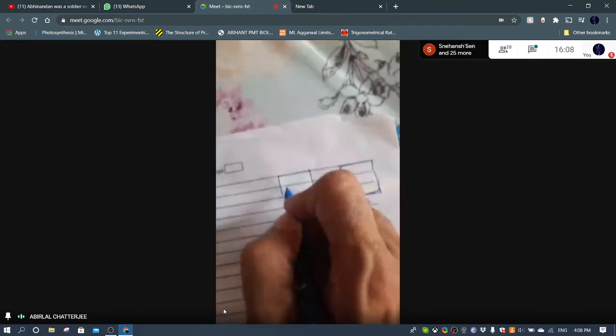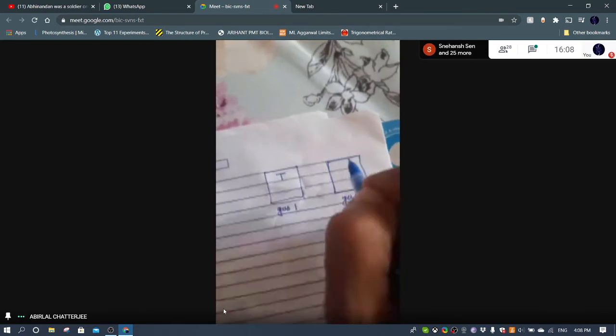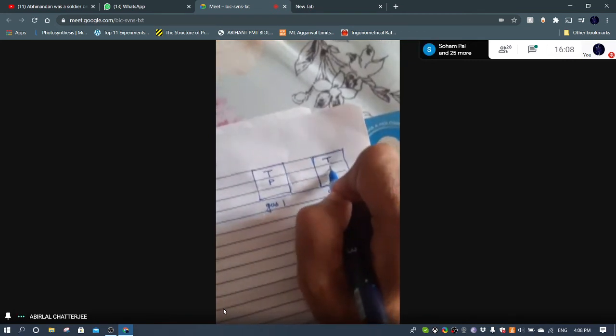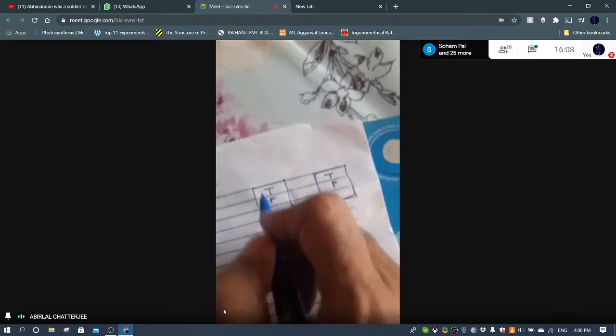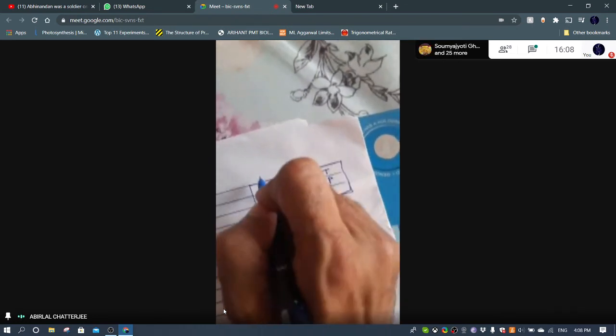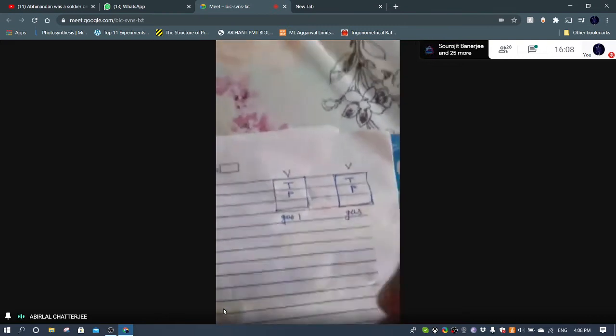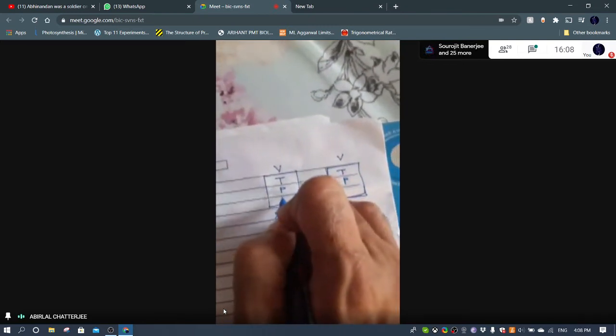Same temperature T, pressure P, equal volume, suppose V, contains equal number of molecules.